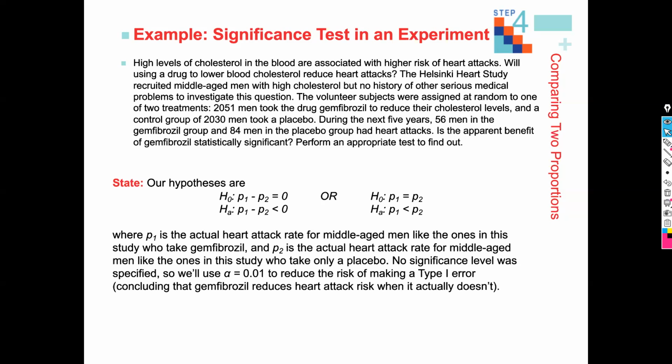And in this case, if you used a 0.05 alpha level, that's fine. They're saying that they want to use a 0.01 alpha level to reduce the risk of making a type 1 error. Because if you use a lower alpha level, then you're going to reject less often, which means you're rejecting incorrectly less often.